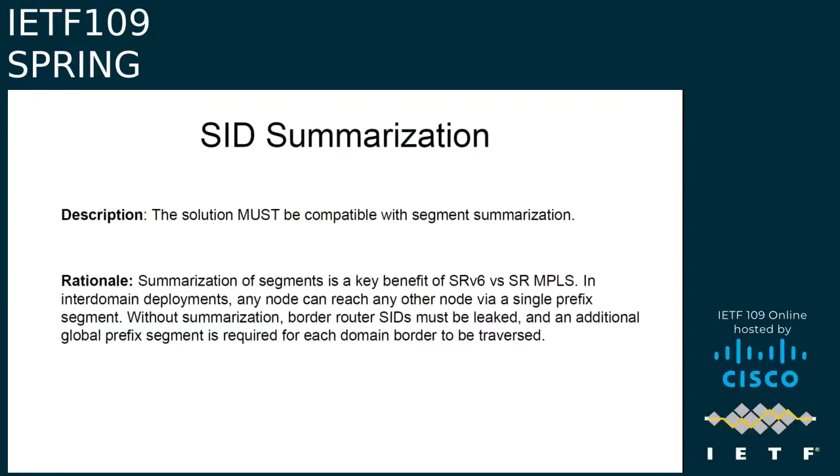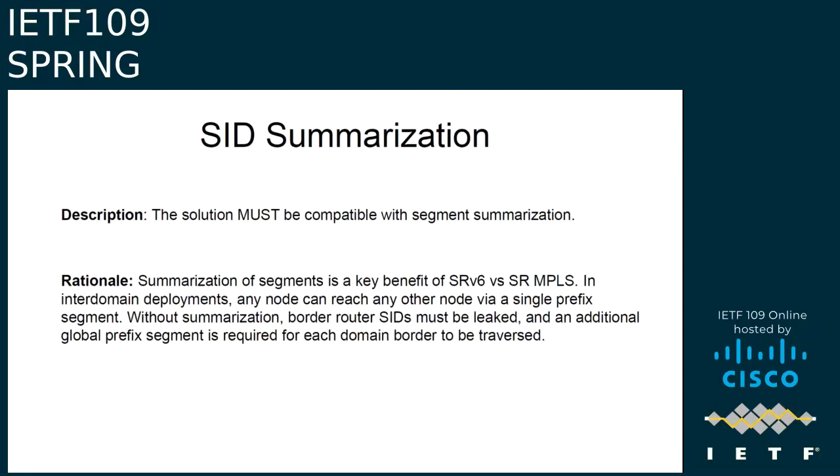For SID summarization, I think summarization of a segment is a key benefit of SRv6 compared to SR-MPLS. In an in-domain deployment, any node can reach any other node through a single prefix segment.